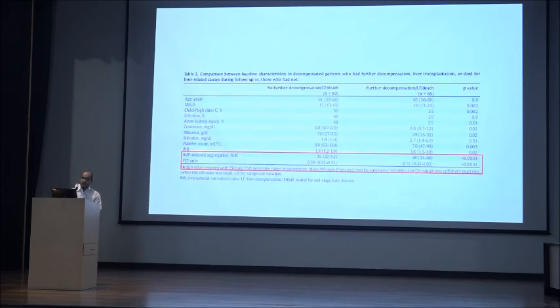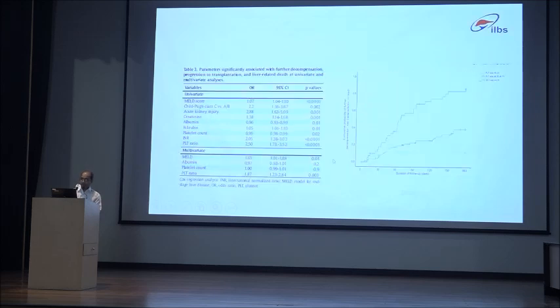Subsequently, they utilized this for clinical application, like whether it can predict further decompensation of the cirrhosis, liver transplantation, or liver-related death. And they found that those who had further decompensation had a higher PLT ratio as compared to those who did not.